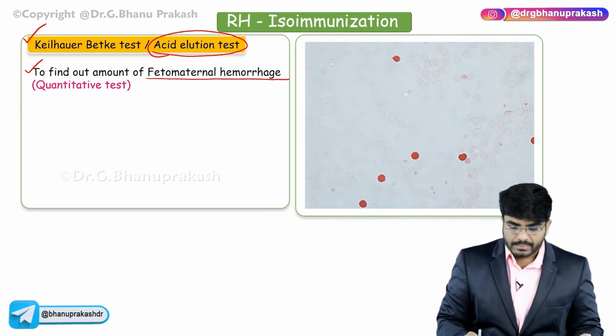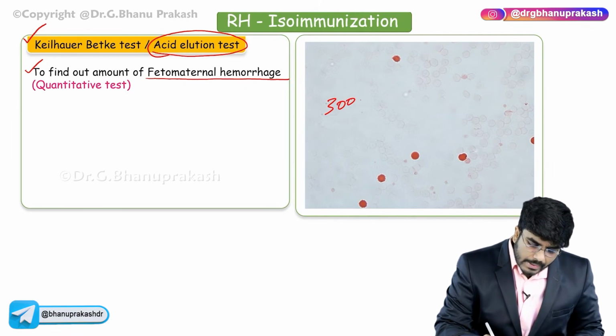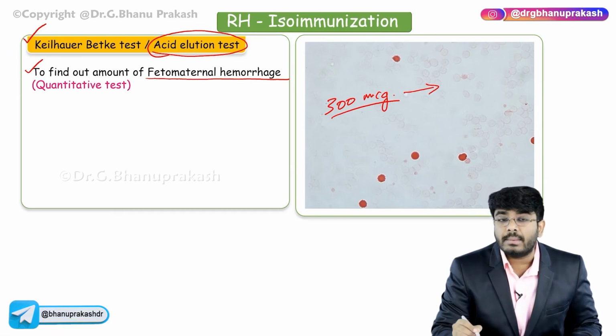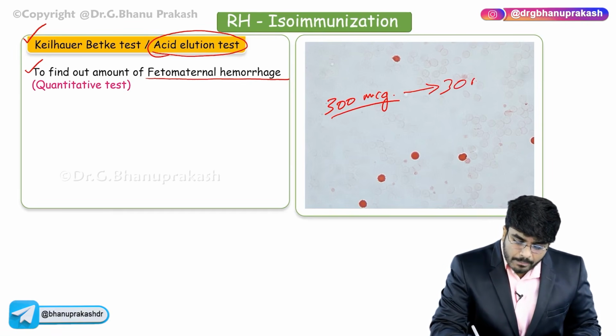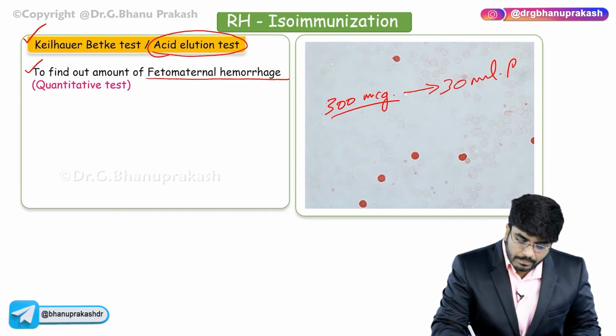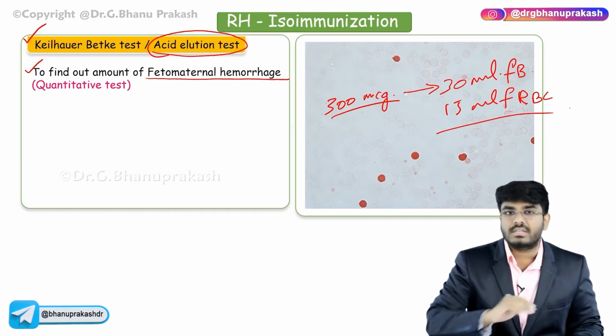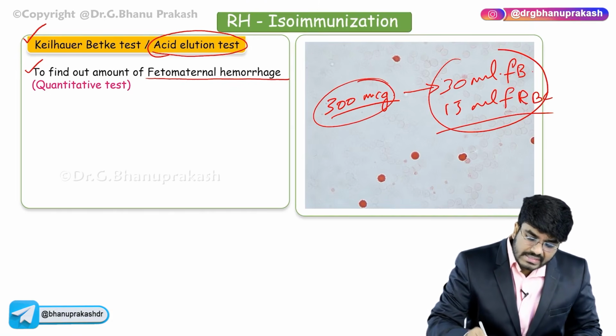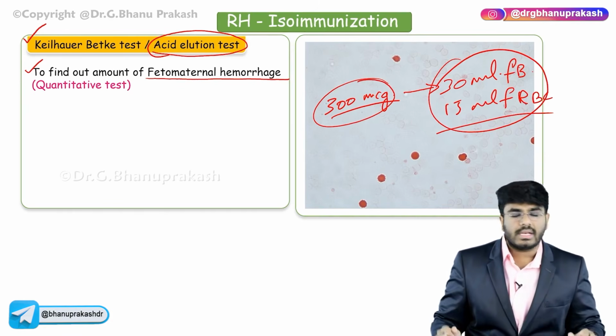The basics is that 300 microgram can neutralize how much fetal blood, guys? 30 ml of fetal blood or 15 ml of fetal RBCs in the maternal circulation. Okay, so 300 microgram can neutralize this much amount of fetal blood or fetal RBCs.